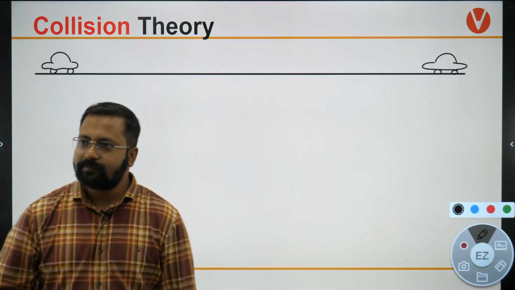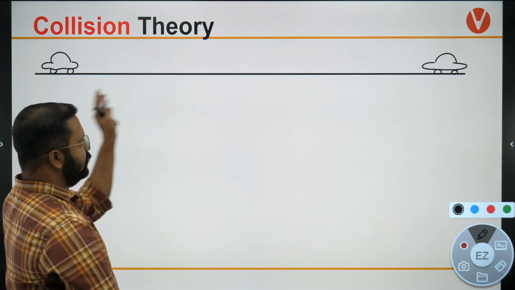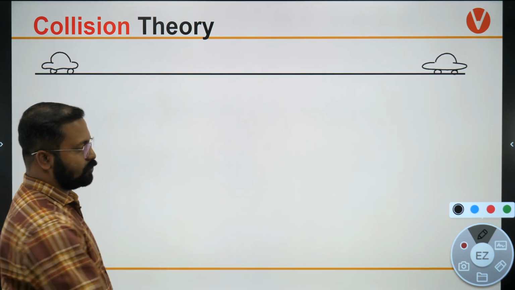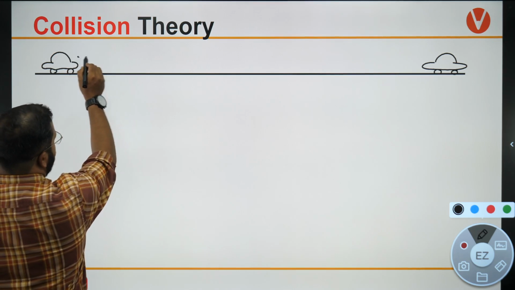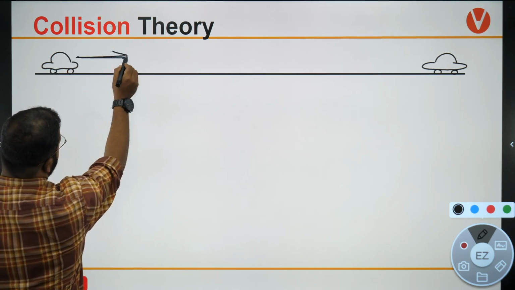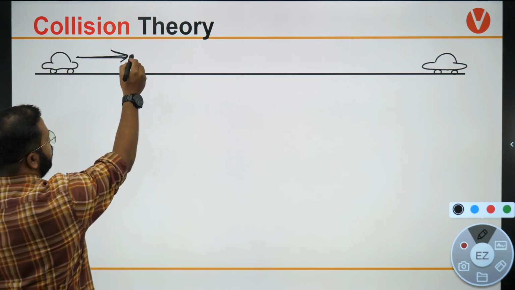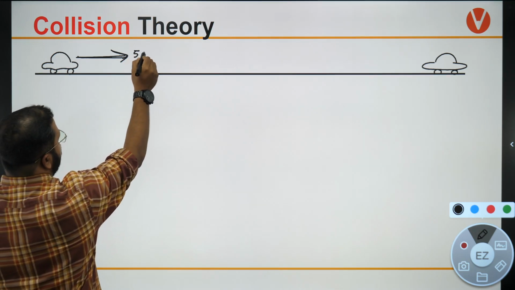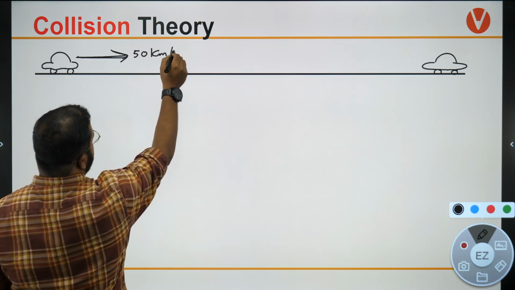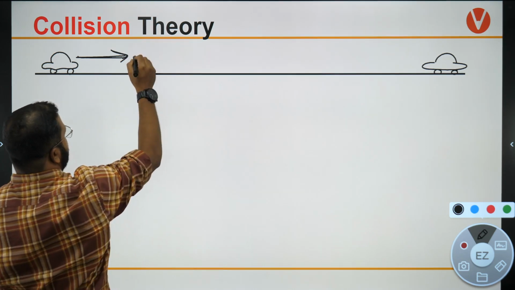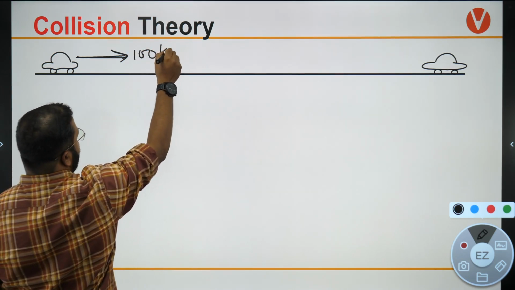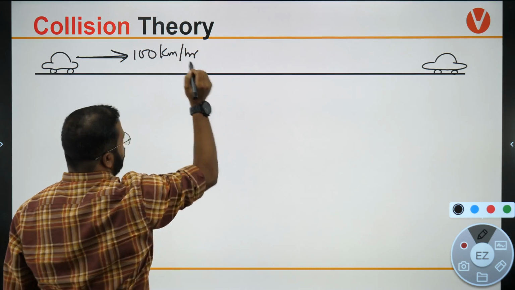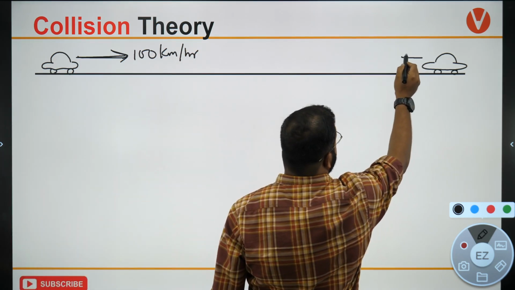So there are two cars at the two ends of this road. Now this car is moving in this direction at a speed of, let's say, 50 km per hour, or let's pick the value 100 km per hour, and this one is moving in this direction.